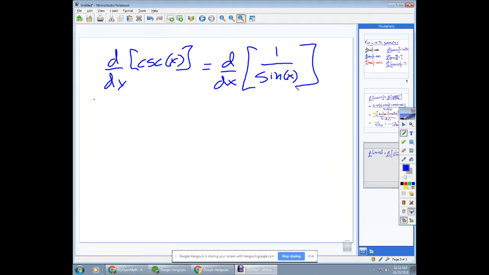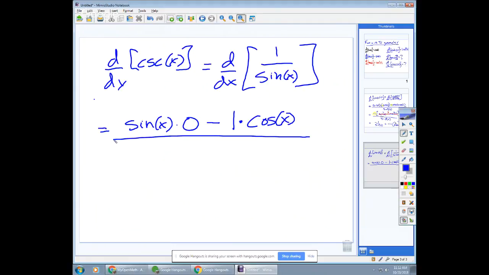Yeah, the quotient rule is going to be pretty popular. So quotient rule says take low times d high. So low is sine of x. Derivative of 1 is 0. Cool, I love multiplying by 0. Minus high times the derivative of low, which is cosine, all over sine squared.